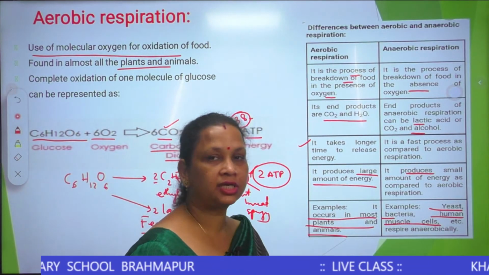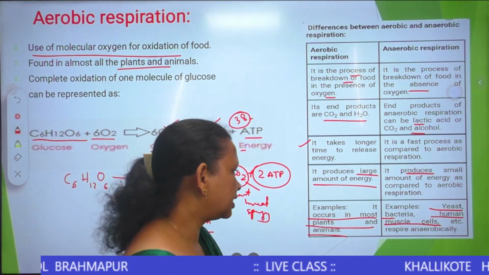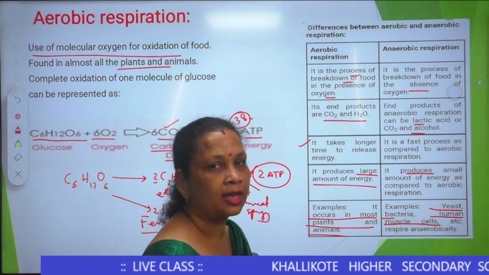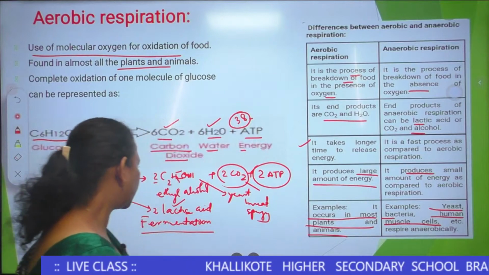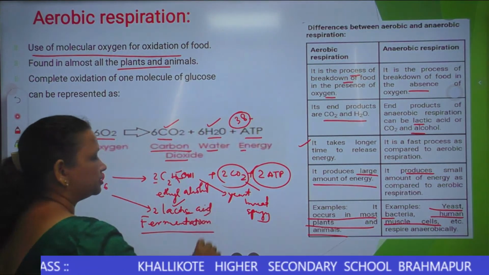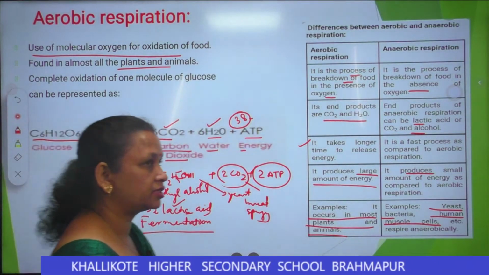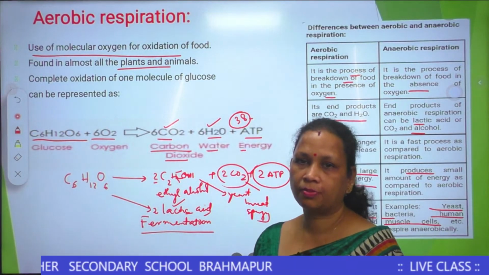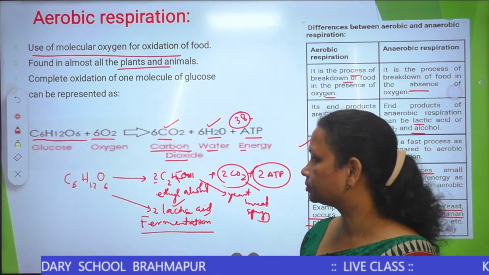When there is a decrease of oxygen in the muscle, the muscle cells start anaerobic respiration producing lactic acid. So, these are the differences between aerobic and anaerobic respiration.